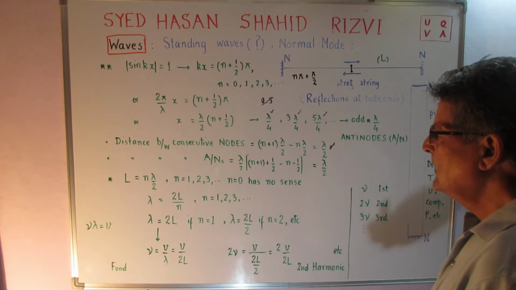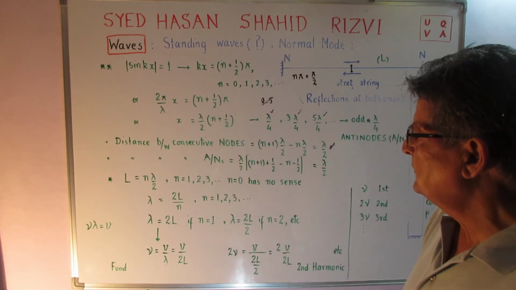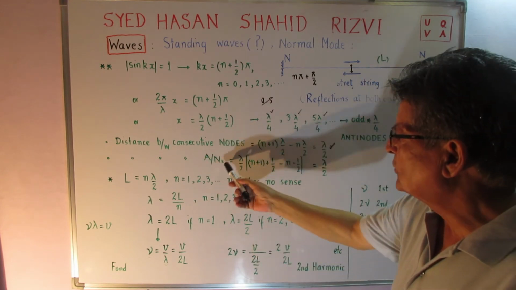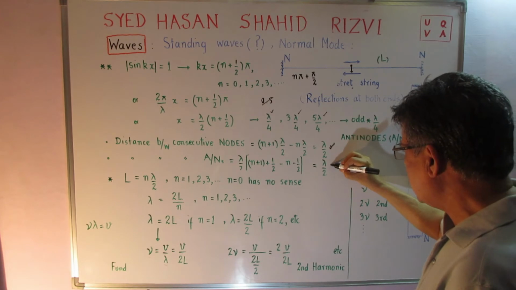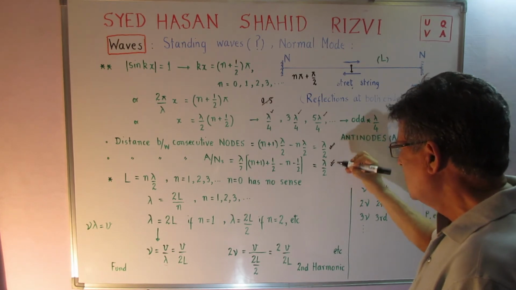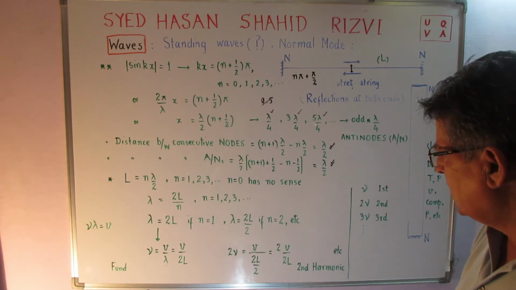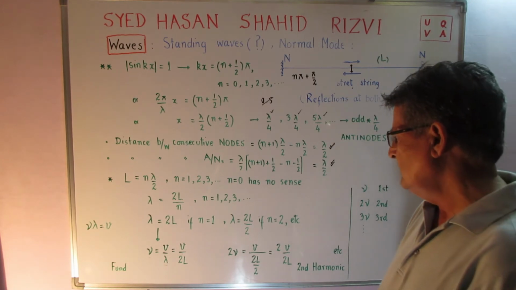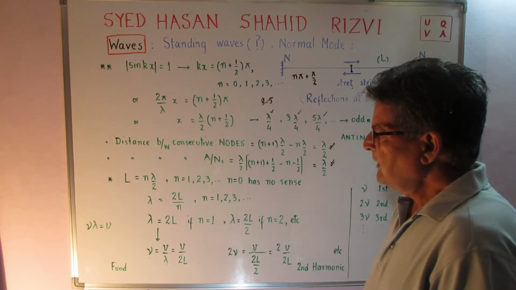And similarly, I can work out the distance between consecutive antinodes. This will also turn out to be the same, lambda by 2. So node to node, antinode to antinode, which are neighbors to each other.